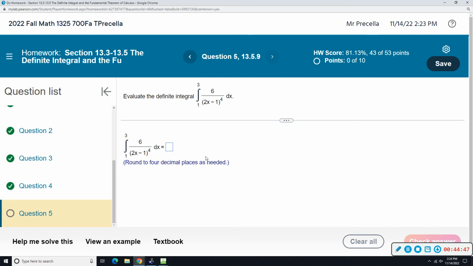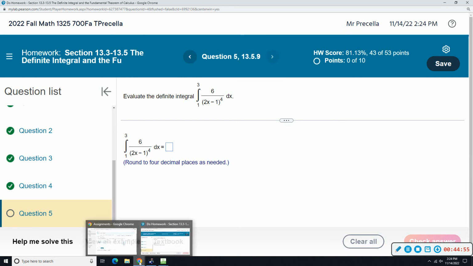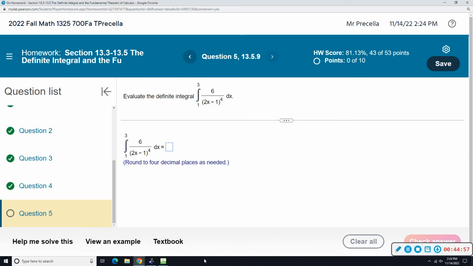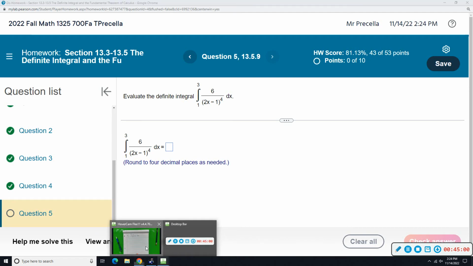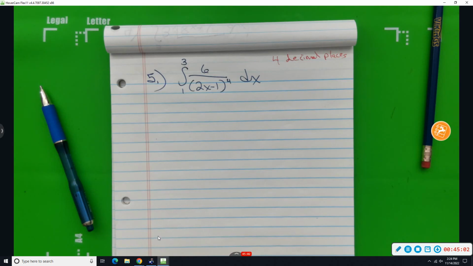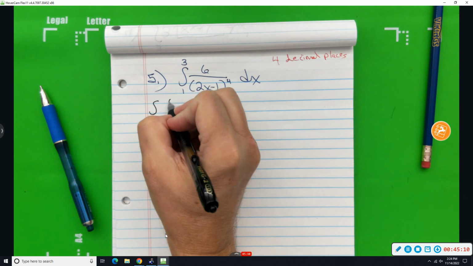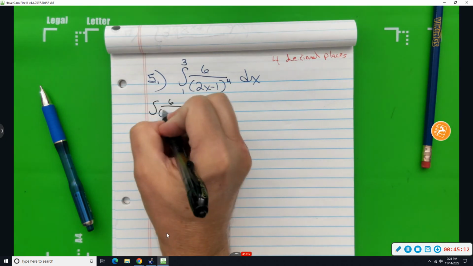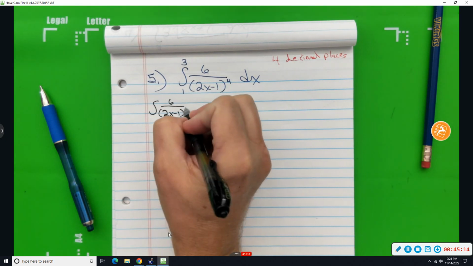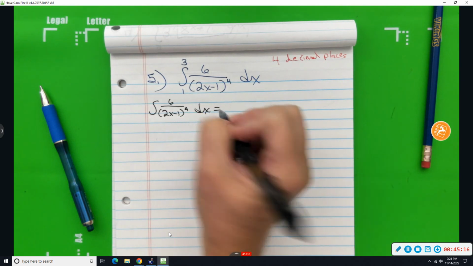4 decimal places. So I'll remember, and we're punching in our answer how we want it. First thing we have to do is just find the antiderivative. The antiderivative of 6 over 2x minus 1 to the 4th power dx.